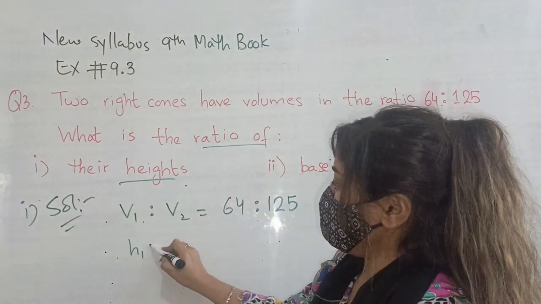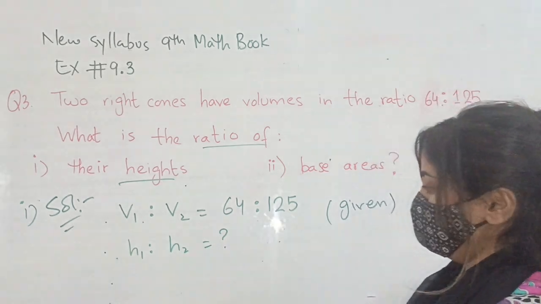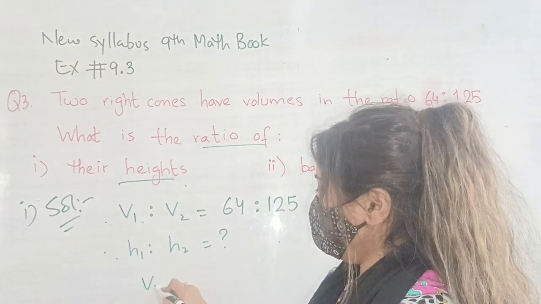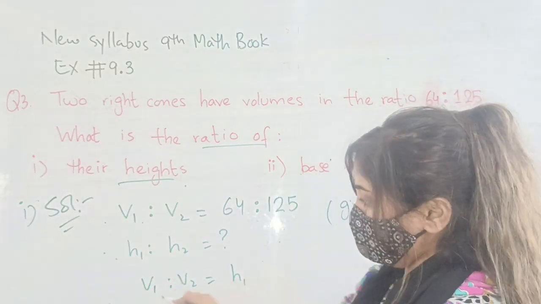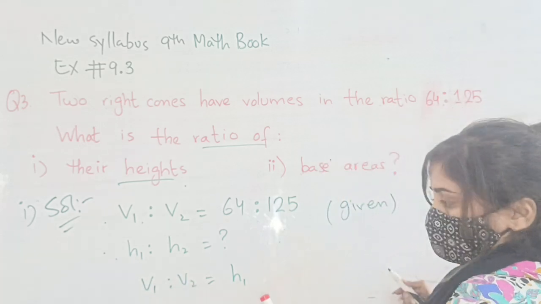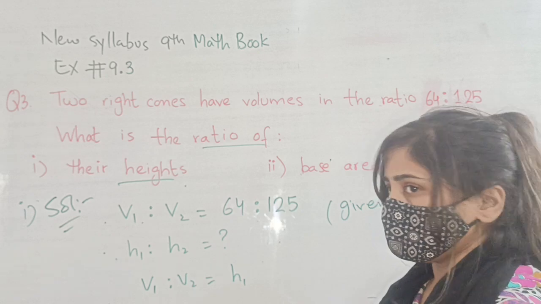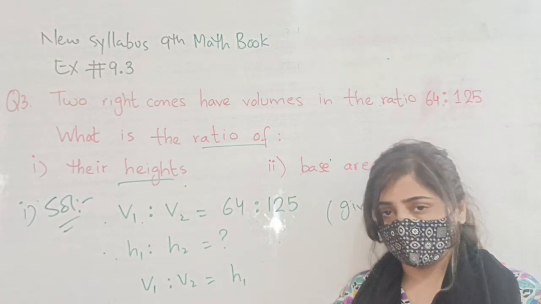So H1 ratio H2 we have to find. What is the relation between the volume and the height? V1 ratio V2 is equal to H1 cube ratio H2 cube, as volume is equal to the cube of any length, either it is radius, length or height, whatever it is.